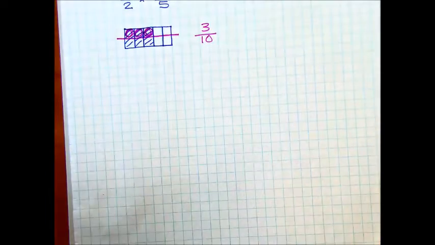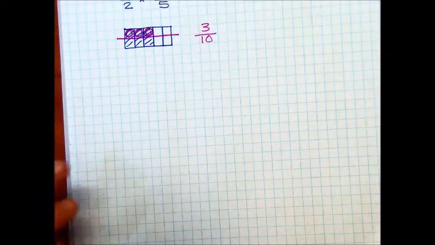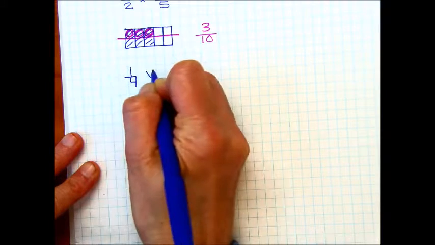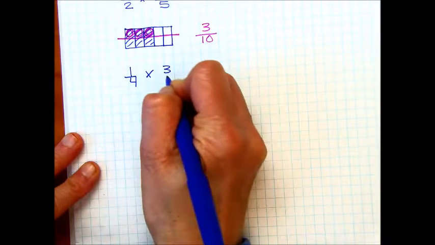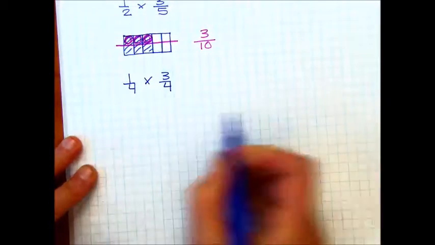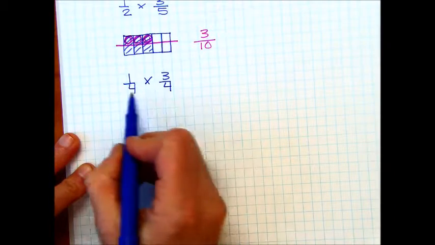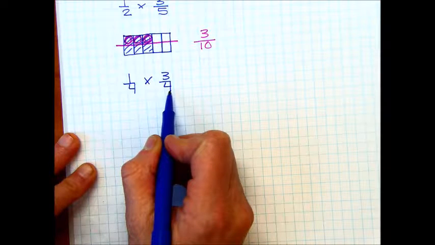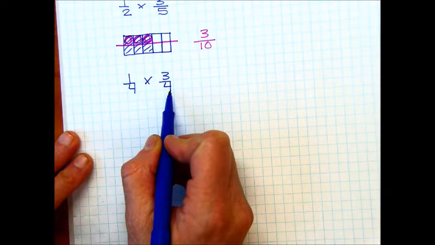Let's try a few more and then we'll look at some patterns. Now we have 1/4 times 3/4. So that means I want to take 1/4 of 3/4. So first I want to represent the 3/4.